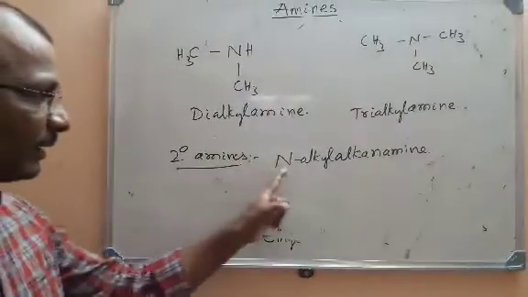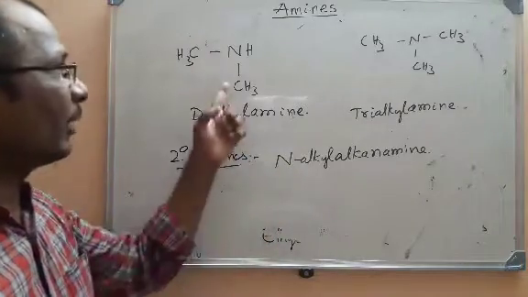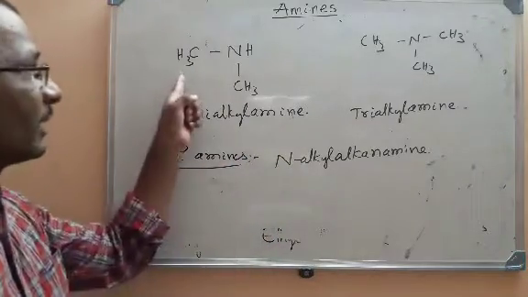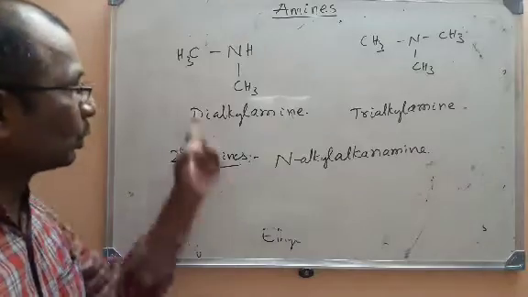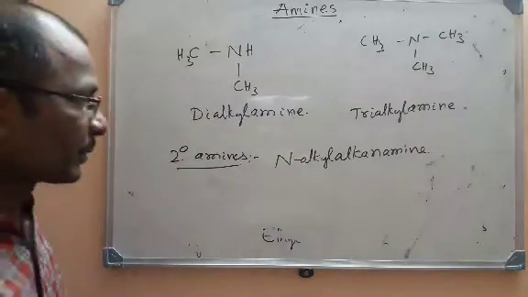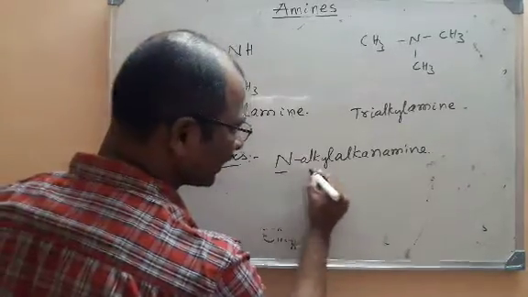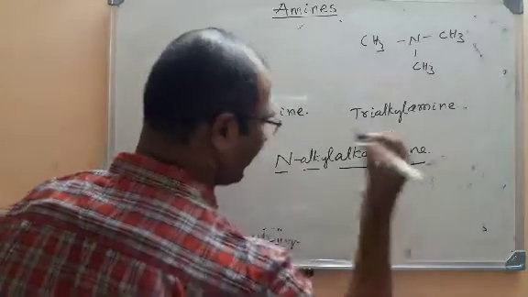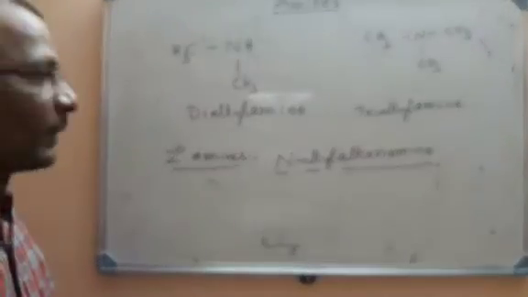A secondary amine means that it will have NH as the functional group, and two different or same types of alkyl groups. Their name is given like N-alkyl alkanamine. It's entirely different. Let us see.